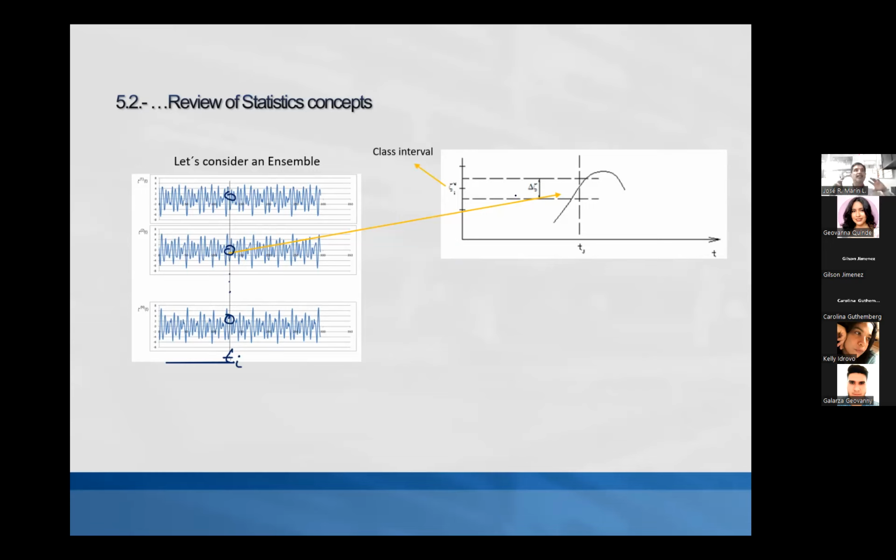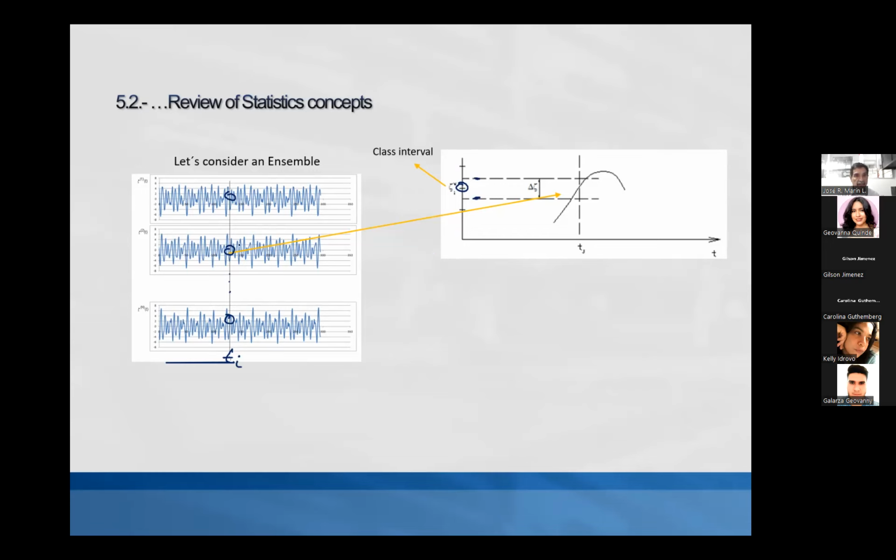If we want to put a name on each one of these intervals, we call it with the mean value of the interval. So this is the mean value between this and that value, and this is what we call the class. So Zi star is the mean value in this interval. It's like the name of this interval. We can go up, so the class will be higher. We can go down, the class will be lower.